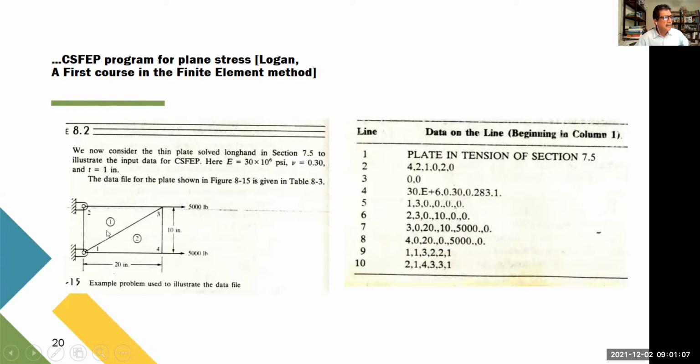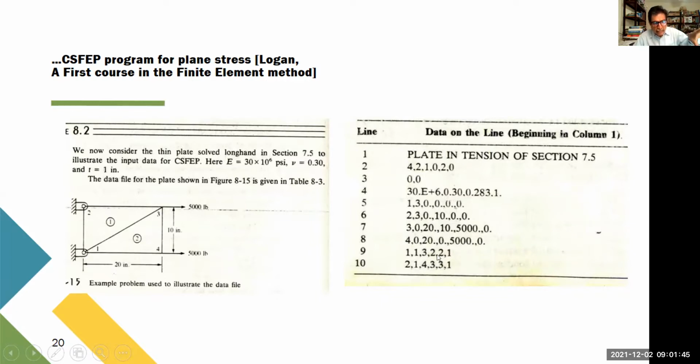Probably here you have 1, 2, 3, 4; these are the joints, so these are the positions of the joints. You see here 0, 0, and 0, 10, that's joint 2. This one is going to be 20, 0, and 20, 10, and 0, 20, that's 3 and 4. And then you have the connectivity. Element 1 is 1, 3, 2. Element 2 is 1, 4, 3.